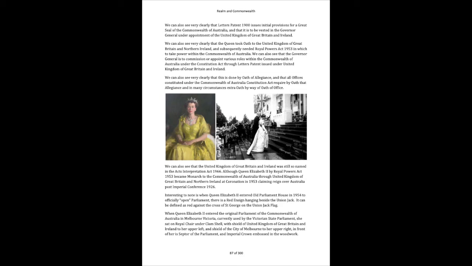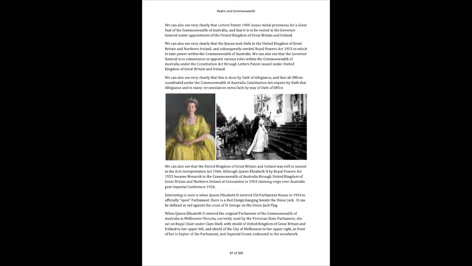We can also see very clearly that the Queen took the oath to the United Kingdom of Great Britain and Northern Ireland, and subsequently needed the Royal Powers Act 1953 in order to take powers within the Commonwealth of Australia. We can also see that the Governor-General is to commission or appoint various roles within the Commonwealth of Australia under the Constitution Act through letters patent issued under the United Kingdom of Great Britain and Ireland.